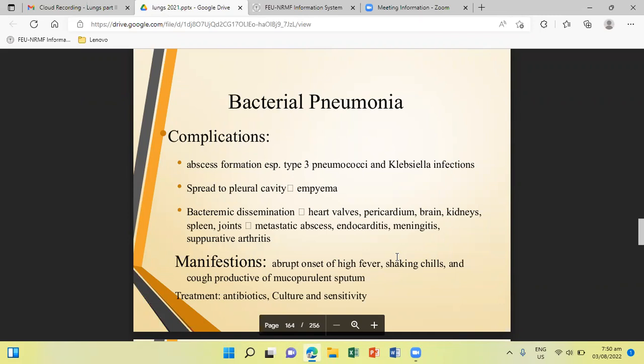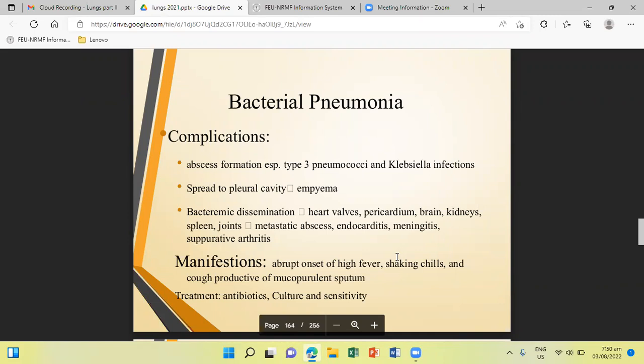you develop the complications of bacterial pneumonia, which may be in the form of, from a pneumonia, it can go into a localized abscess. It can actually spread outside, first into the pleural cavity, and that's what we call empyema. At this point, you may have pleural fluid accumulation. You can aspirate this, take a sample of which, submit this again for culture and sensitivity.